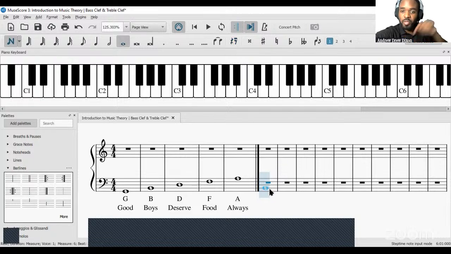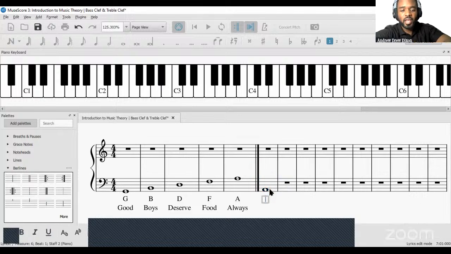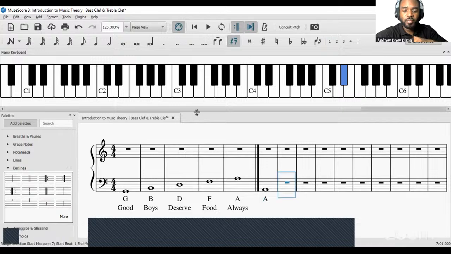Again, we're going from the bottom to the top. The first space, the name of this note is A. The second space, what is the name of that note? Well, the name of this note is C. The third space, the name of this note is E. The fourth space, the name of this note is G.